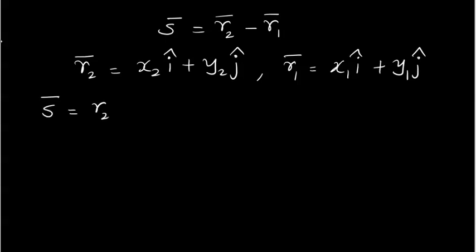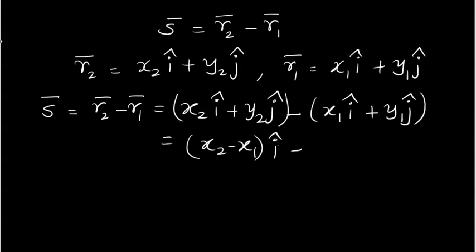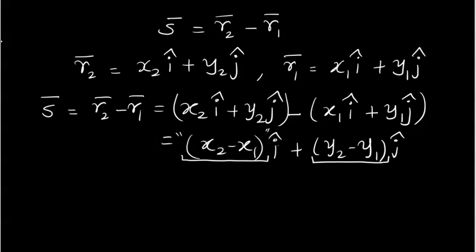The displacement is R2 bar minus R1 bar, which is equal to X2 minus X1 times i cap plus Y2 minus Y1 times j cap. So the displacement is the change in the x coordinate plus the change in the y coordinate, where i cap and j cap are multiplied with the corresponding terms.